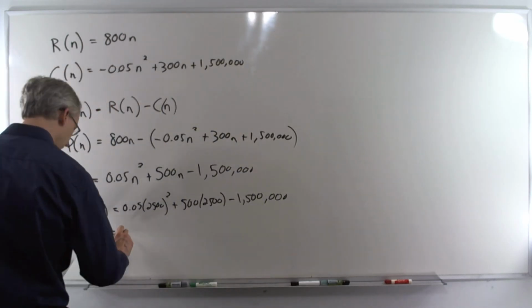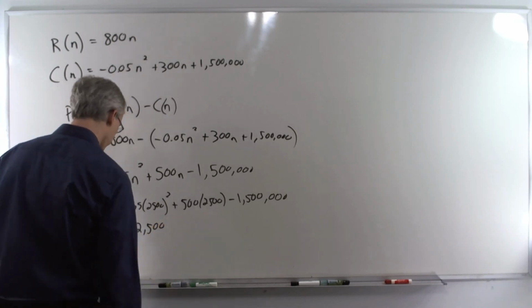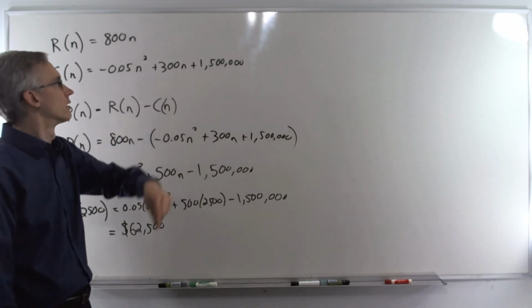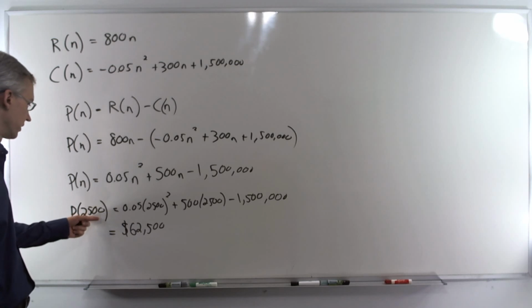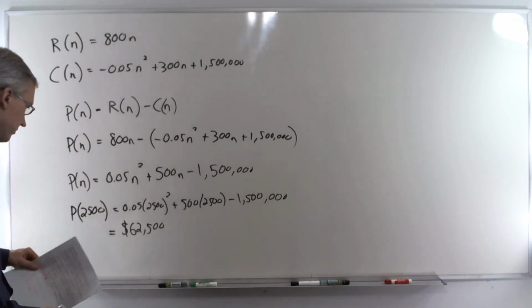And calculate all that out, we get 62,500. So just barely breaking even, considering the fact that they put up well over $1 million just to get started. So this would be just about the minimum amount that you want to sell and still make a profit.